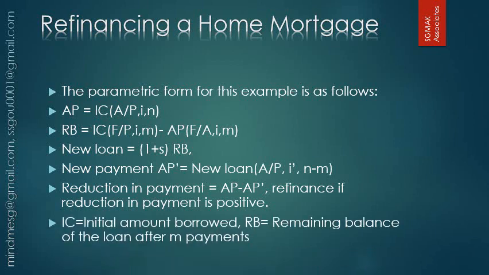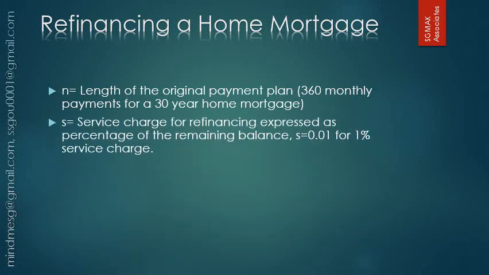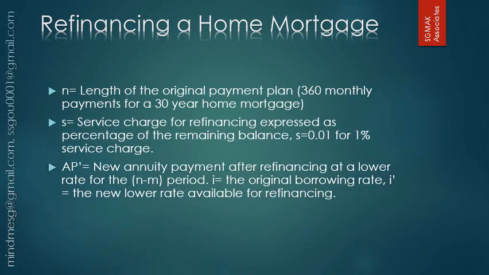And here are the terms I have used. IC is the initial amount borrowed, RB is the remaining balance, N is the length of the original payment plan, 360 monthly payments for a 30-year home mortgage. S is the service charge, we just talked about it. And AP prime is the new annuity payment after refinancing at a lower rate.